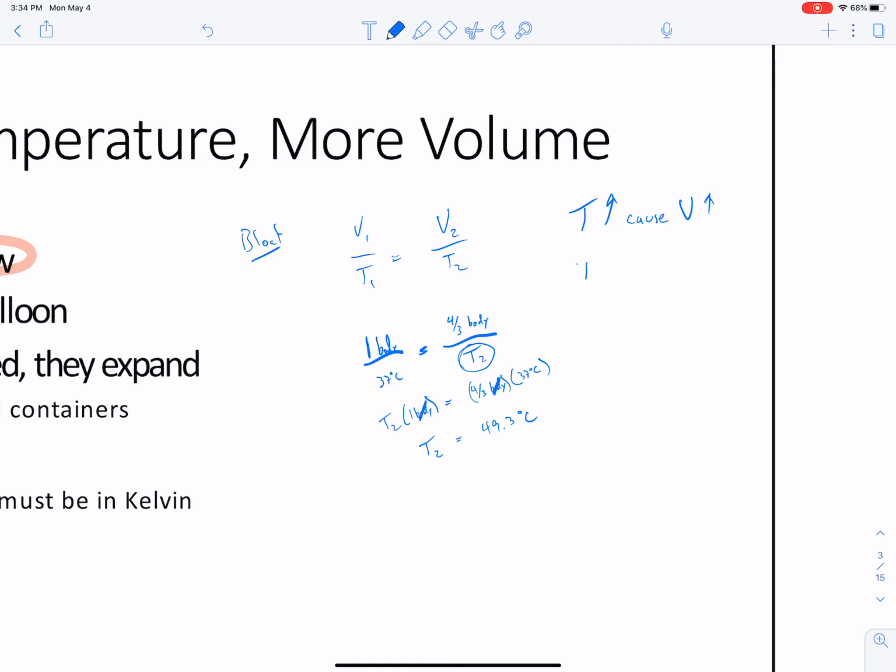Well, what if we do a temperature decrease? That will cause a volume decrease. And a decreased volume means what? Less bloating. And that is why we typically try to store bodies, if we have to store them for a long time, in a refrigerated container. That's why morgues exist.